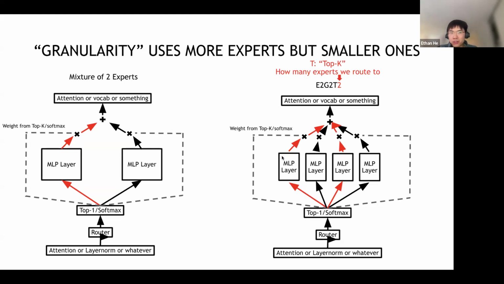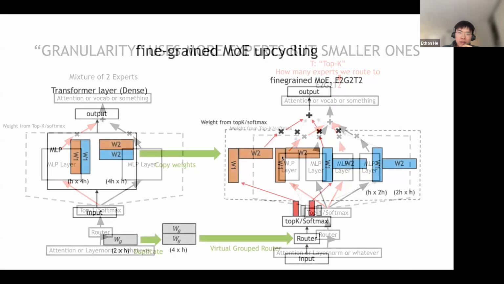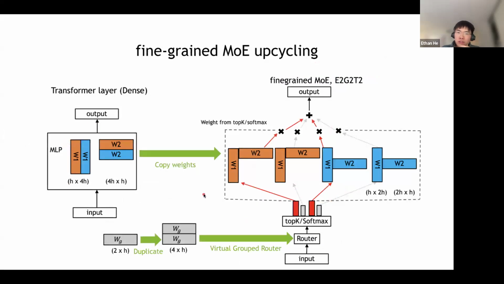And we mentioned that it's very important for upcycling to maintain the same forward path as the original dense model. The solution here is also rather straightforward. So instead of randomly initializing a router, we would initialize half of the router and then duplicate it.